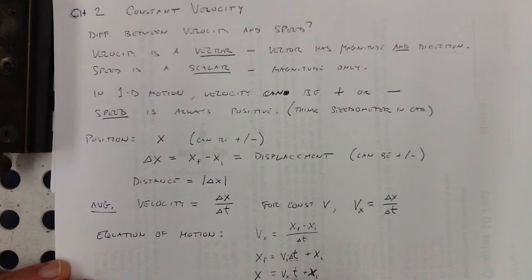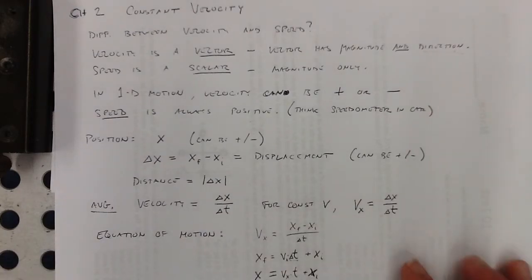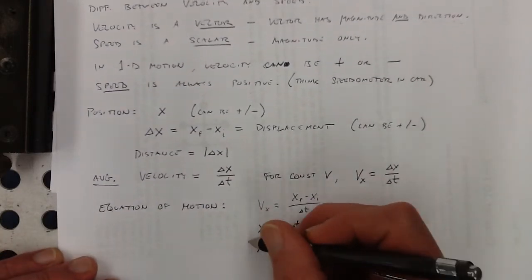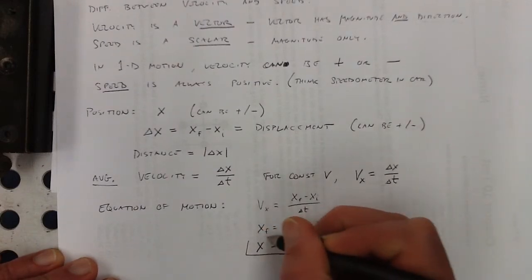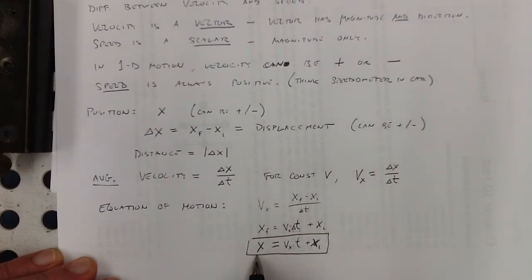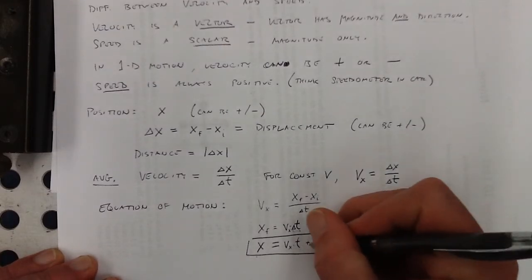So like at time 2 seconds, I'm at this point. Time 3 seconds, I'm at this place, at this location or position. So that's our equation of motion for constant velocity. Your position is equal to Vx, your constant velocity, times time plus your initial position.